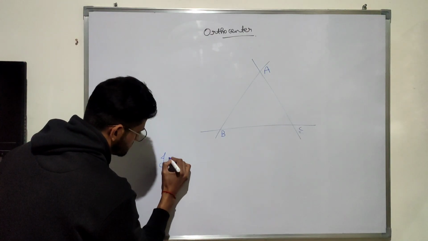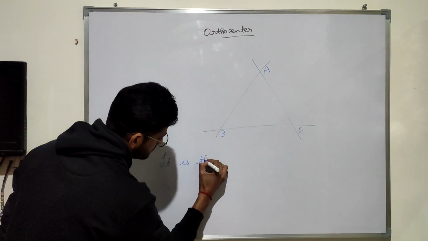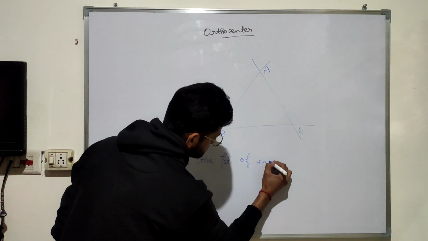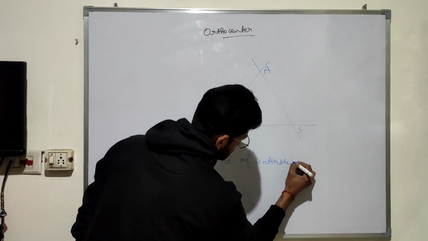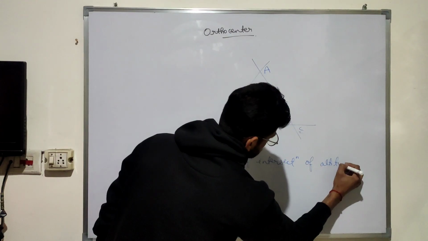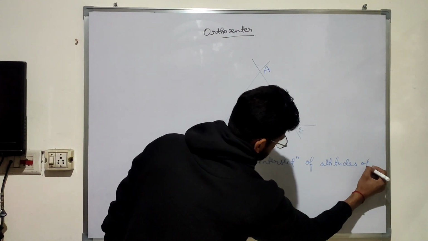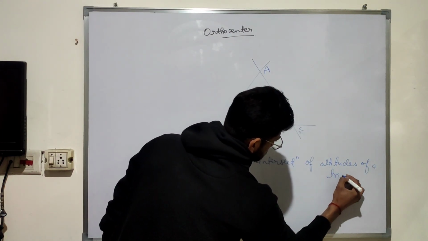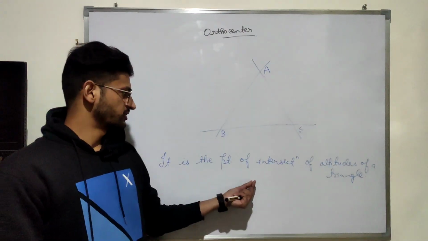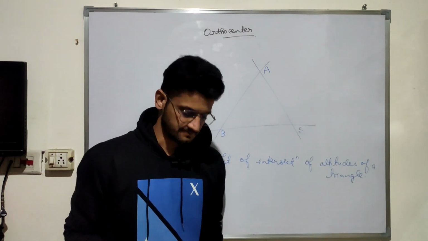It is the point of intersection of altitudes of a triangle.